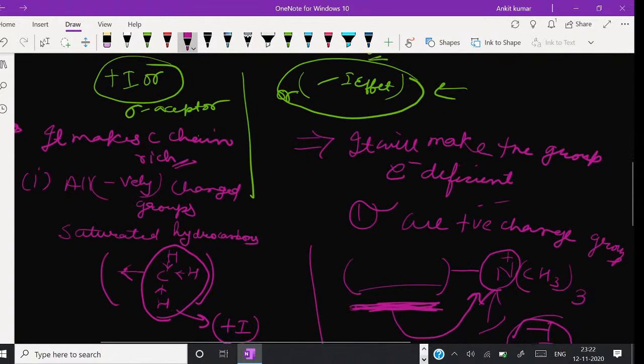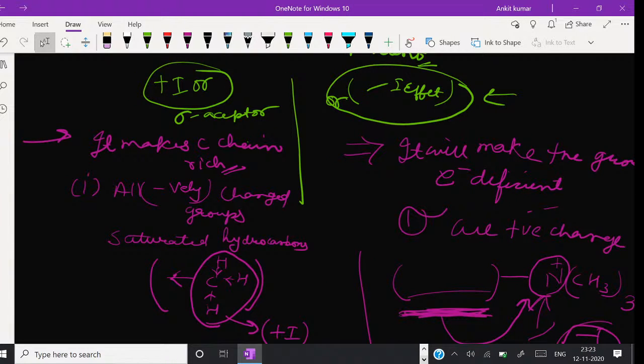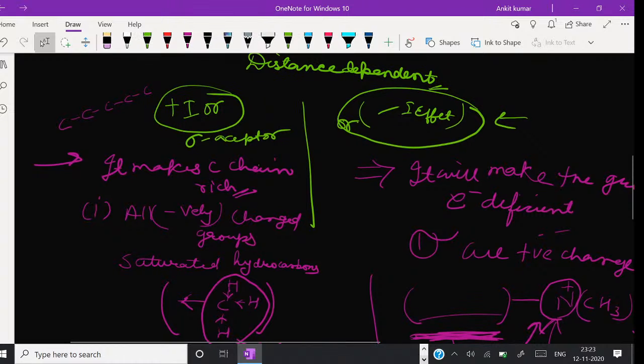Or you can also think like this, that for example there is a carbon chain, and any atom more electronegative than that will produce a minus I effect and will make the chain electron deficient.